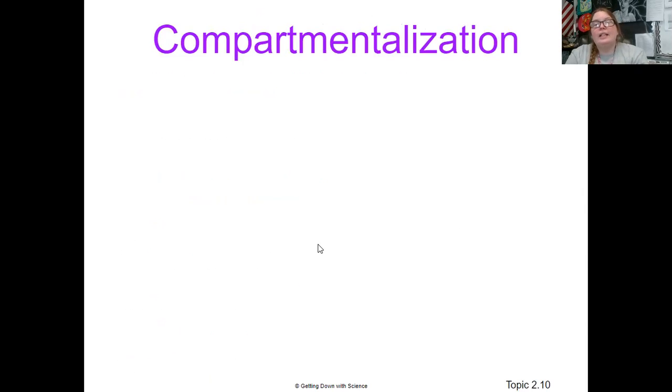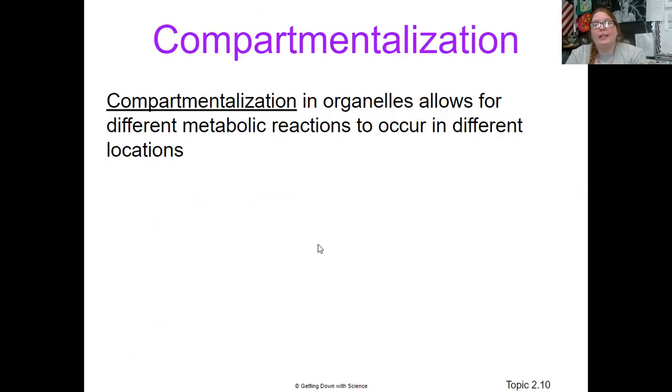So the idea of compartmentalization, this is a big nasty word that basically says that cells are divided up into different rooms, I guess. But it allows for different reactions to occur in different locations. This can be important because when we do a chemical reaction, sometimes those chemical reactions can interfere with each other.